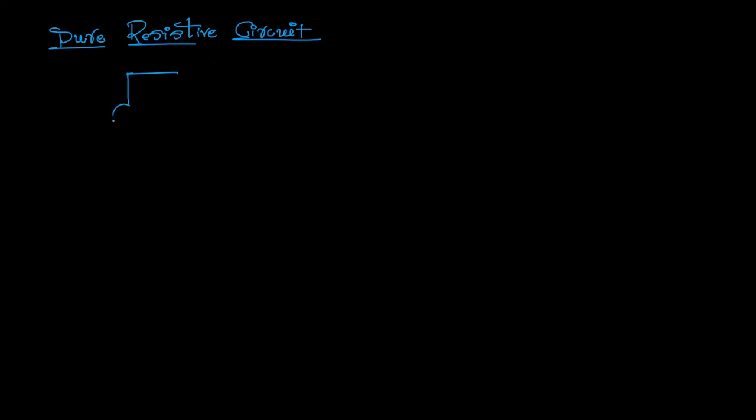This one is the purely resistive circuit. I am going to consider the value of applied voltage as well as the value of the resistor. For example, I am taking the resistance R equal to 10 ohms, and applied voltage V equal to 10 volts with an angle of 0 degrees, and our target is to find the value of total current. Now, how to find the value of current?